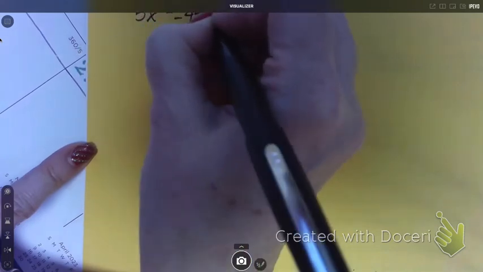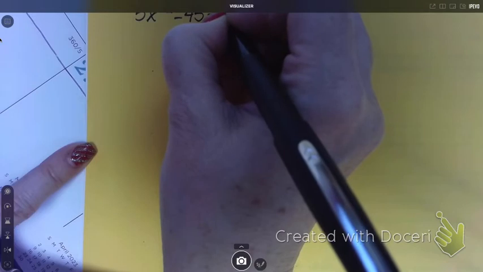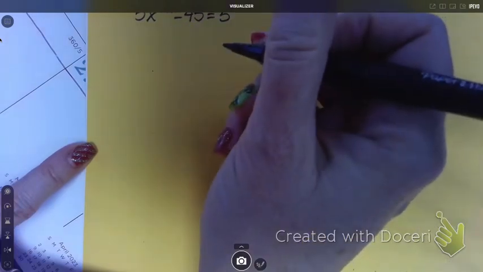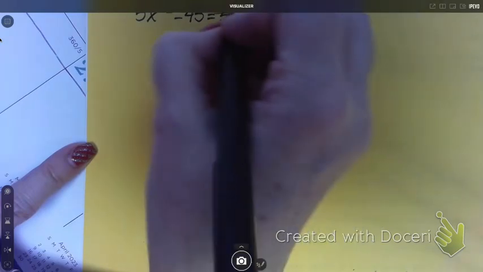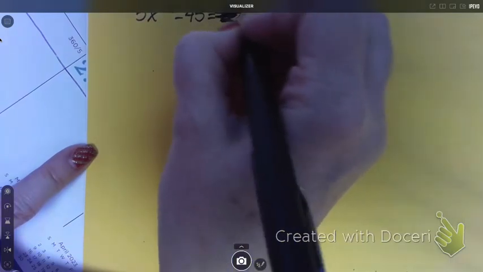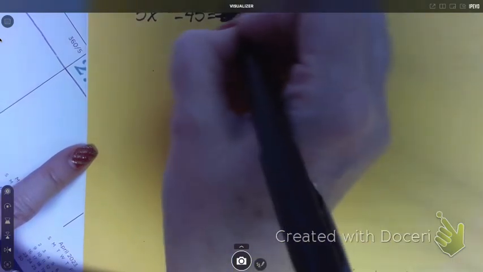So 5x squared minus 45 equals 0. I only have two terms, yes?